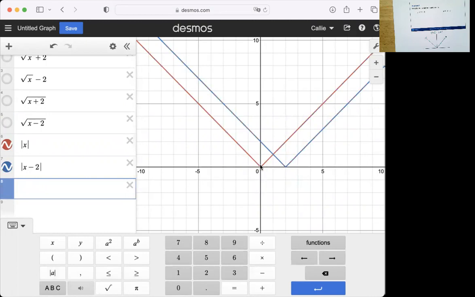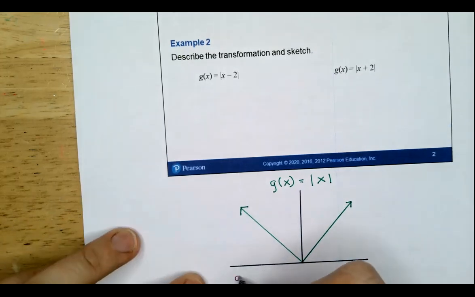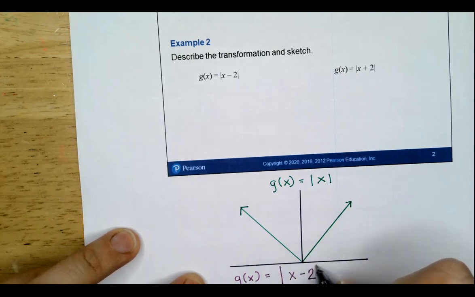Good. So x is right at the origin, 0, 0, and then x minus 2 moves in the positive 2 direction. Okay? So g of x equals the absolute value of x minus 2.